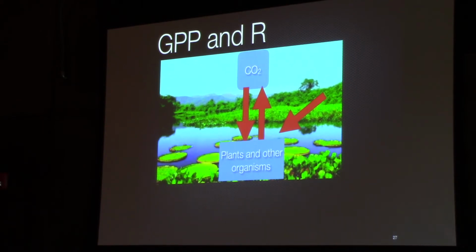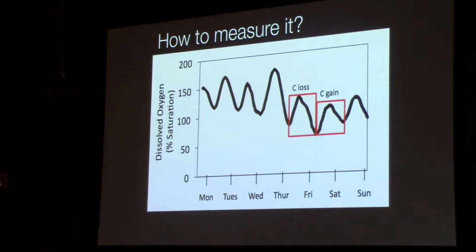So we like to say that most lakes tend to be heterotrophic. The question is, what about these pothole systems? Are they autotrophic? In other words, do they take in more CO2 than they respire? Or are they heterotrophic? Do they breathe out more CO2 than they photosynthesize?